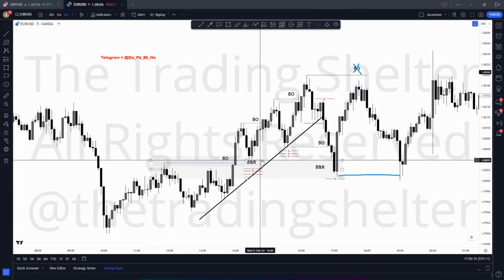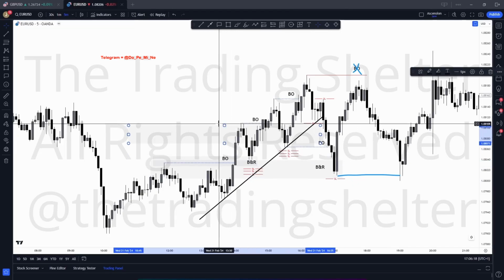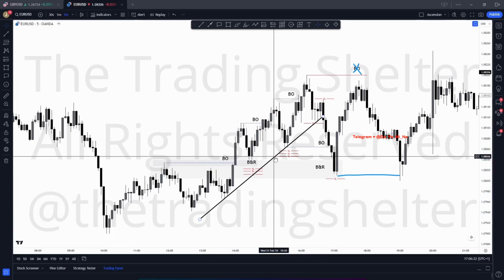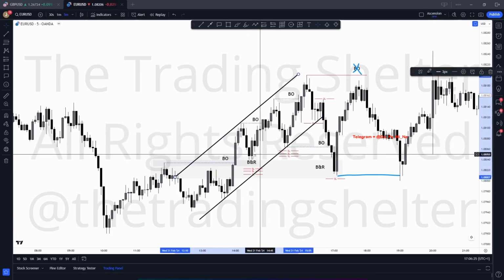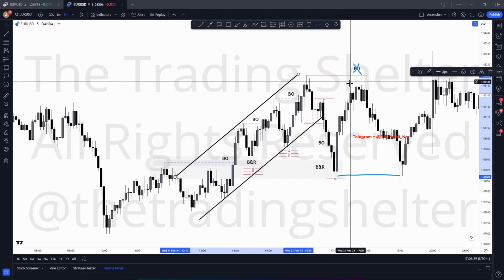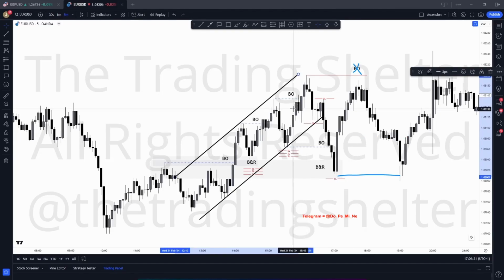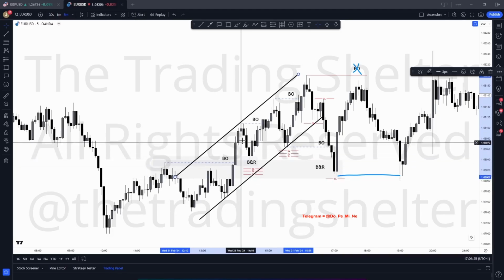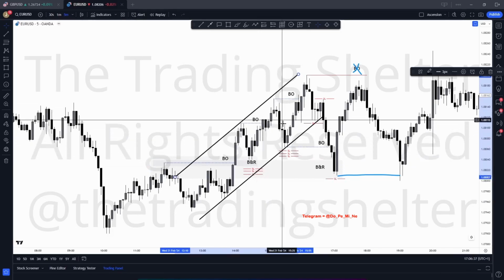Do you see, we can even put a channel here. We can already see why it failed to make a new high. Isn't this insane how you can clearly see what they are building here?